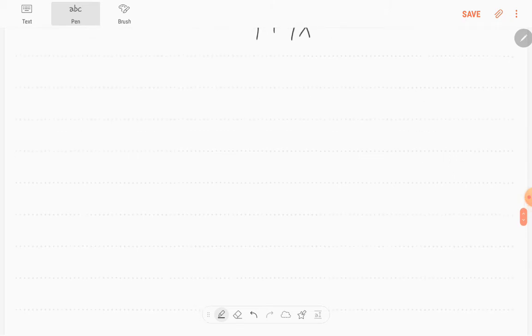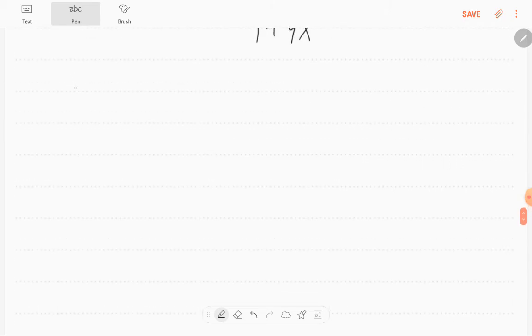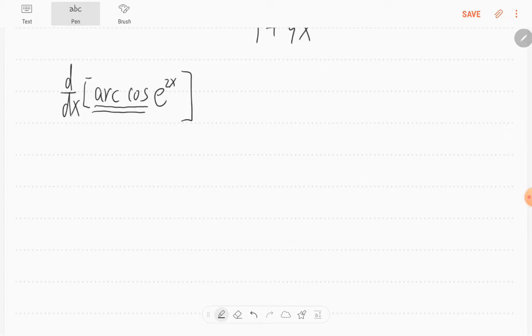Okay, now let's look at another one. What is the derivative of arc cosine of e to the 2x? The outside function is arc cosine and the inside function is e to the 2x.